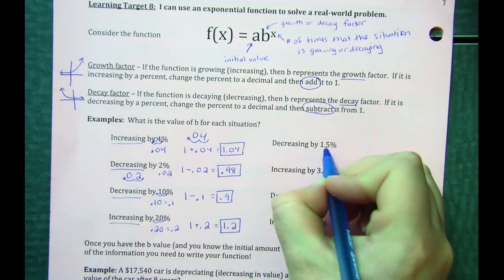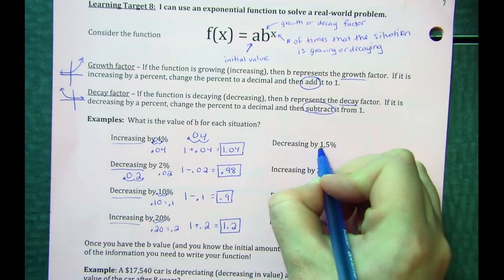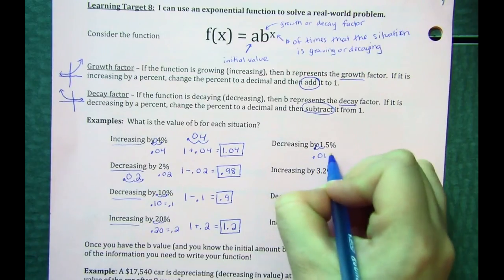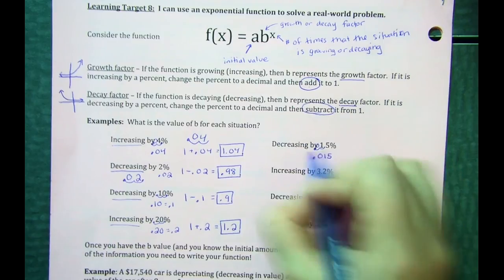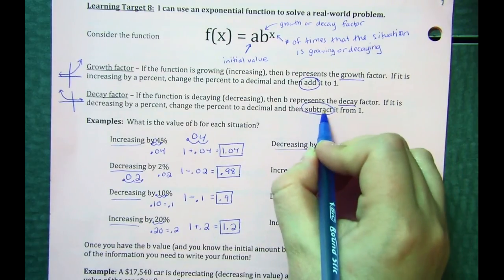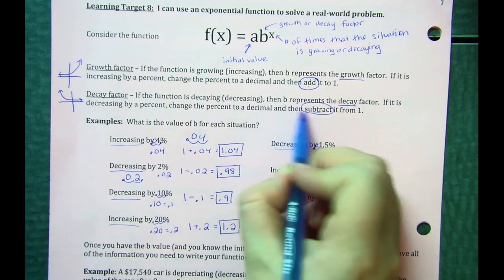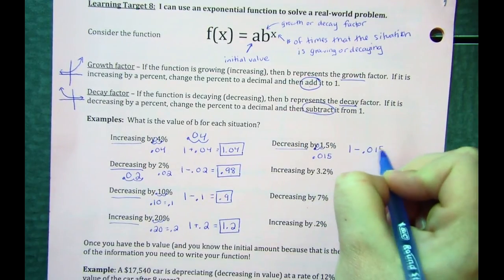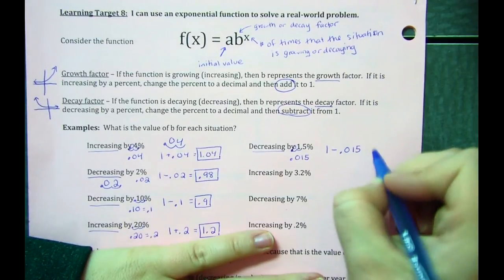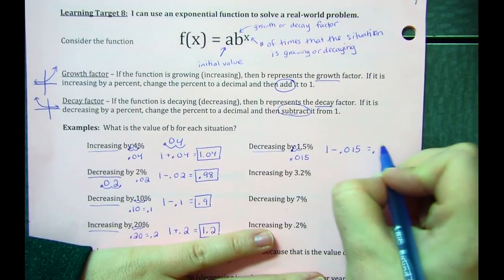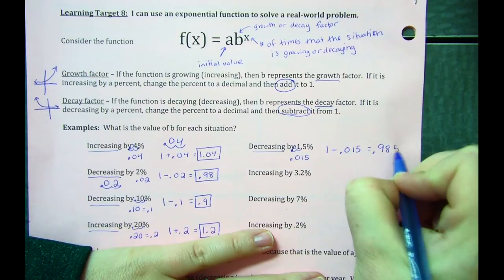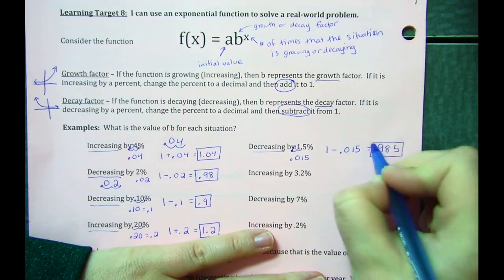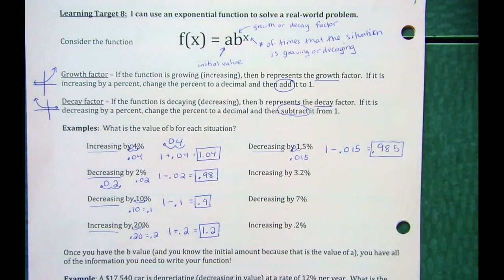Over here, it's decreasing, so I'm going to move my decimal 2 places to the left. So it's 0.015. And because it's decreasing, I'm going to subtract it from 1. Decreasing is subtract. So 1 minus 0.015 equals 0.985. In this situation, my b value would be 0.985.